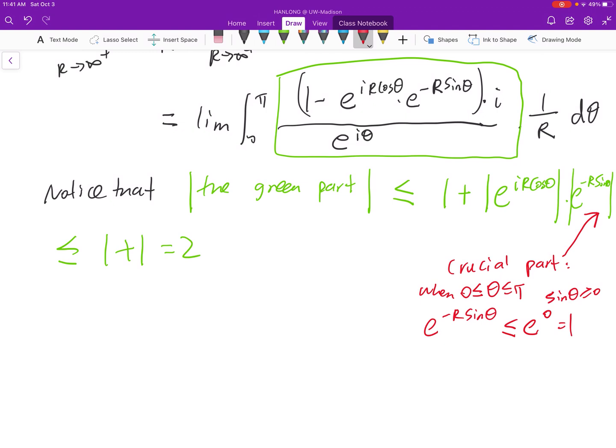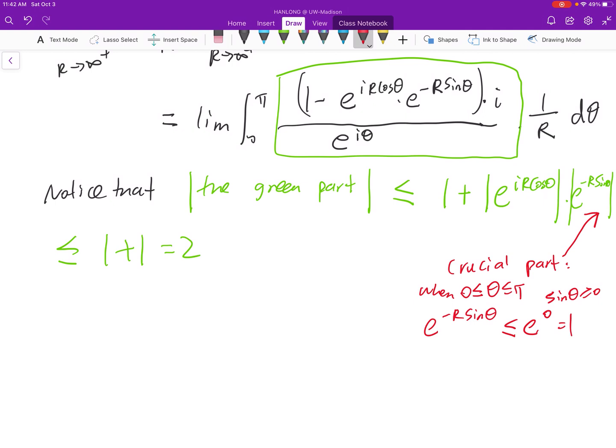So that's the reason why we use the upper hemisphere for the radius capital R instead of the lower hemisphere. If you use the lower one, then the green part blows up when R goes to infinity. You cannot control it at all.